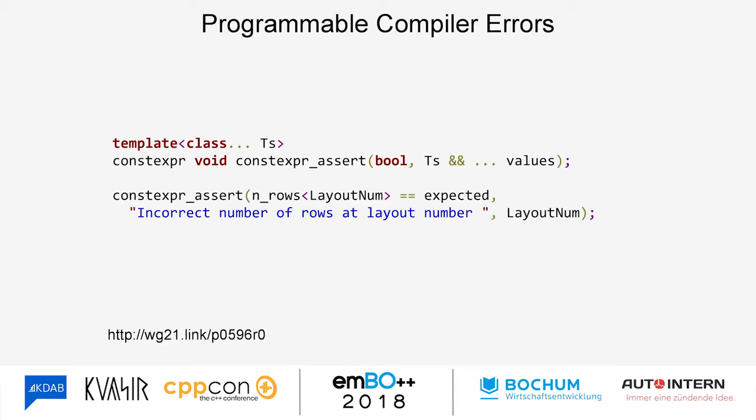But these values can be anything. This is a variadic template, so we can pass anything in here, and hopefully the compiler will be able to display some information. So I can say incorrect number of rows at layout number, and then give the layout where the mistake was. I think this would be possible if we had something like constexpr assert.